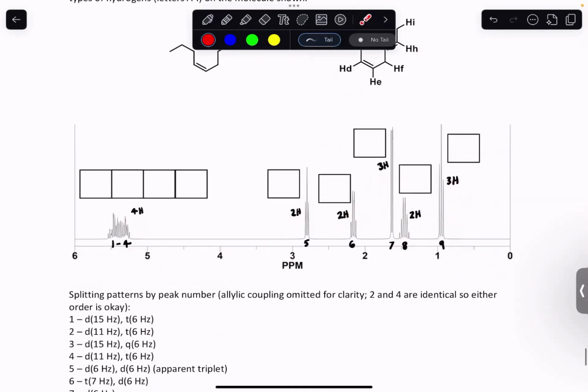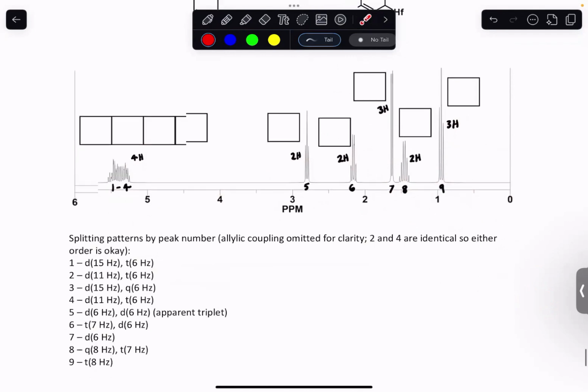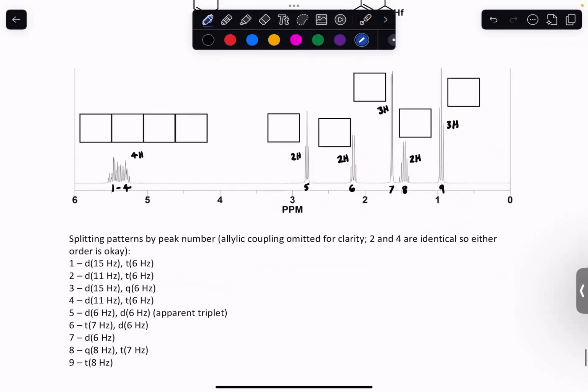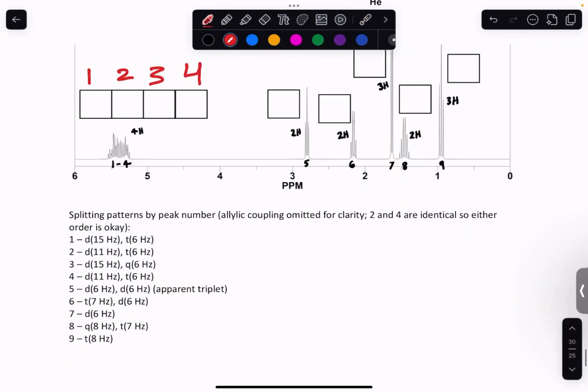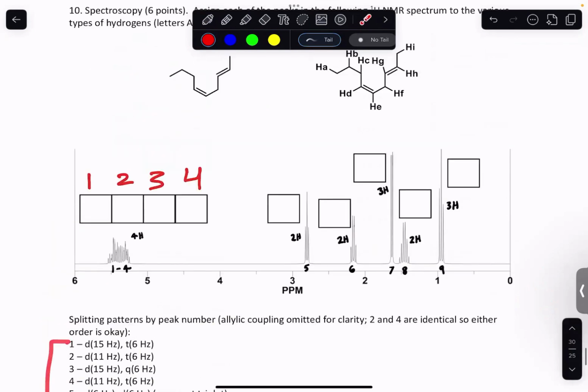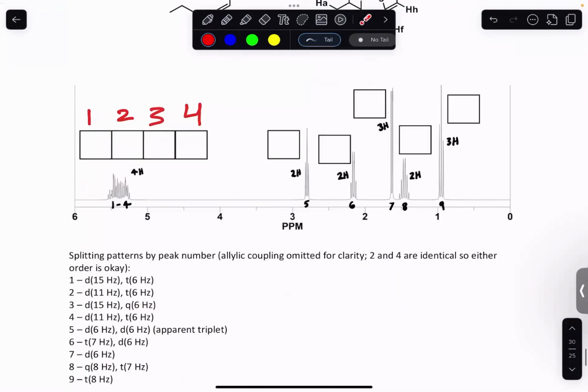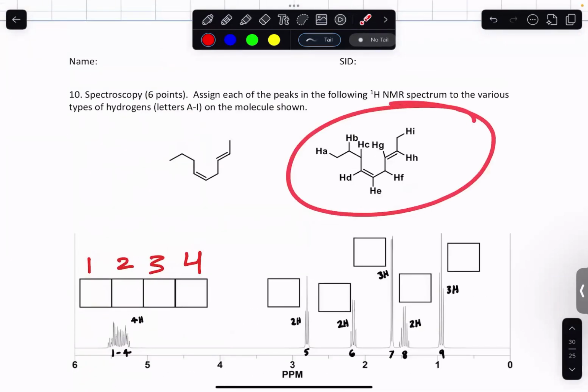Now, he's saying that this is peak 1, peak 2, peak 3, peak 4, right? And he labeled the peaks out right here. So he already gave us the structure, which is nice.